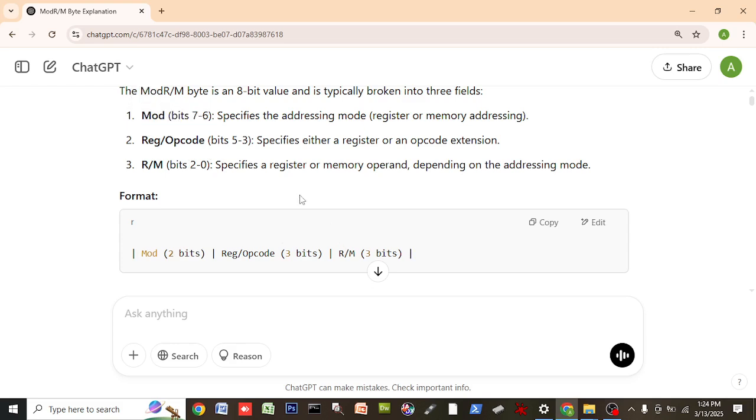Okay, so this this 7/6 is equal to this one, the 2 bits.